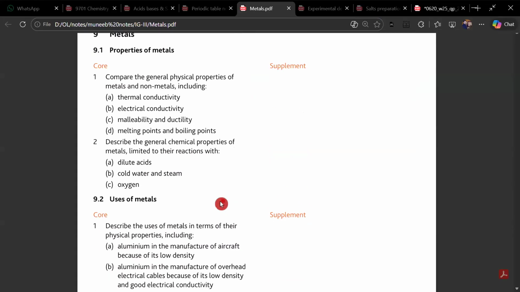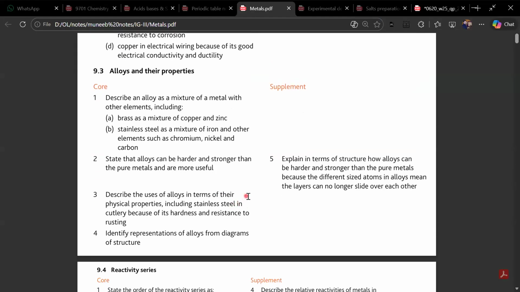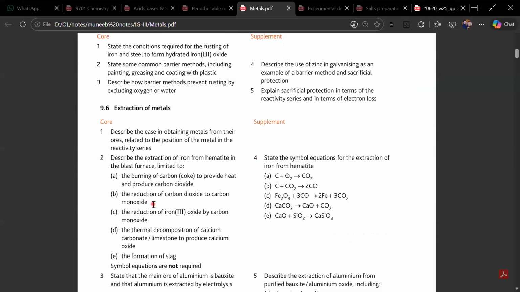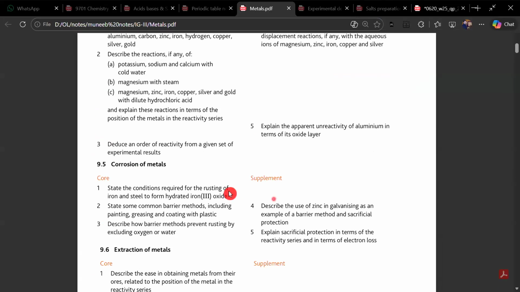These are basically the specifications or the outlines or the learning outcomes which we have to cover for the exam. You just move on to the prevention of corrosion of metals, and there, number 4, describe the use of zinc in galvanizing as an example of a barrier method and sacrificial protection. So there is a clear indication that the zinc coating is used in these two methods.